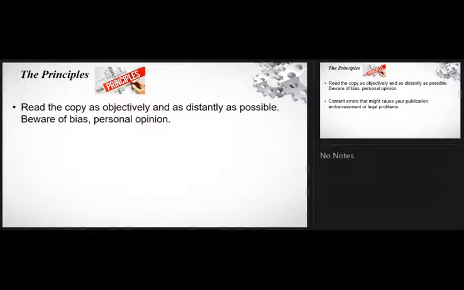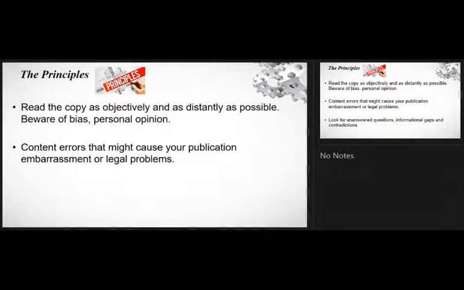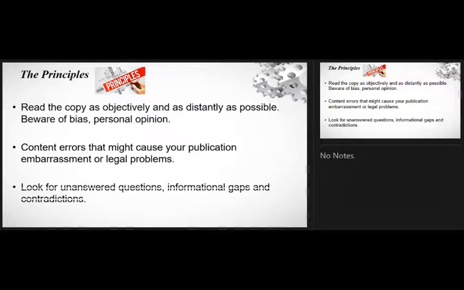You have to read a copy of your news story objectively, as distantly as possible, free of the writer's personal opinion, and also avoid content errors that would make your publication embarrassed or cause legal problems.